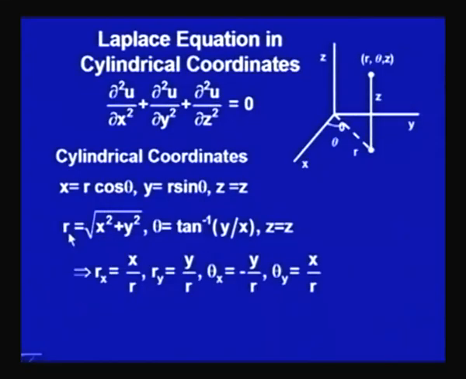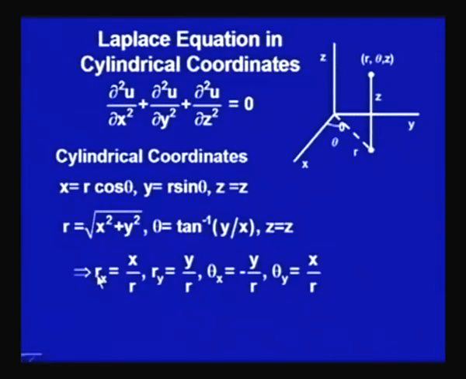So, from here we get the derivative of r with respect to x. We are writing the partial derivative using the notation r subscript x, rather than del r by del x, just to save space; it means the partial derivative of r with respect to x.